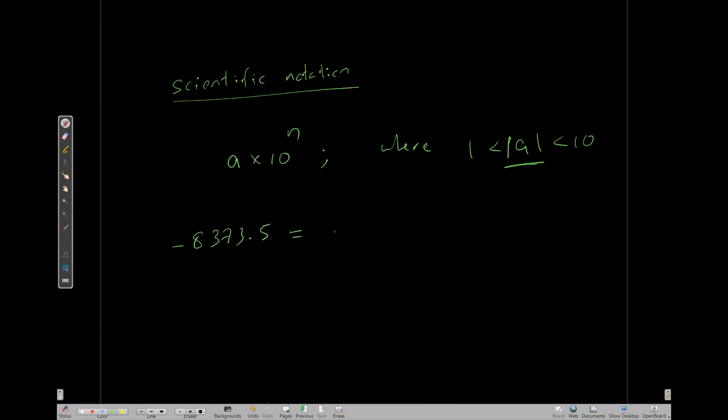In this case, the scientific notation is 8.3735 multiplied by 10 to the negative what? 1, 2, 3. Right? So this number A can be negative, but when you take the absolute value, that has to sit between 1 and 10. Okay, that's about the scientific notation. Thank you.